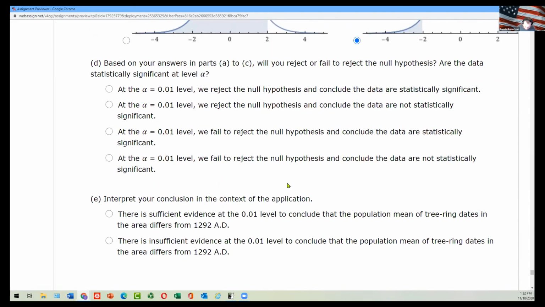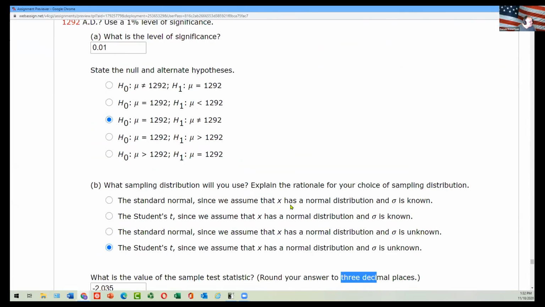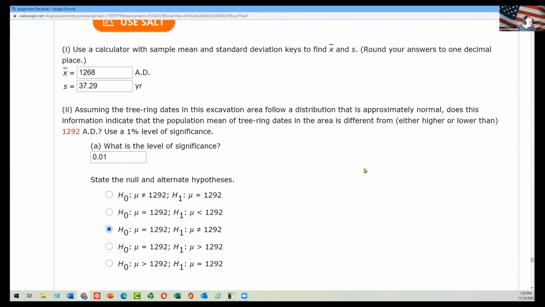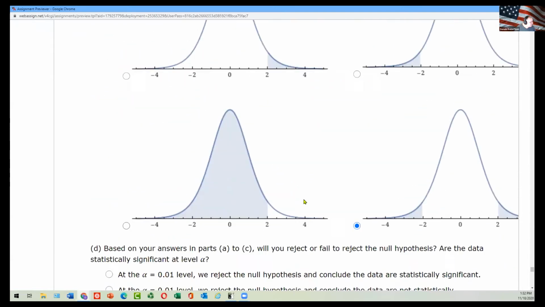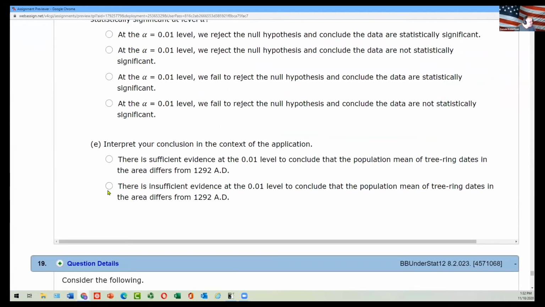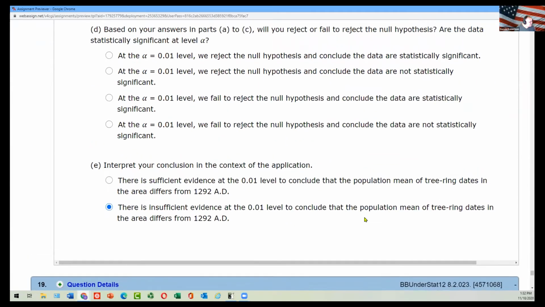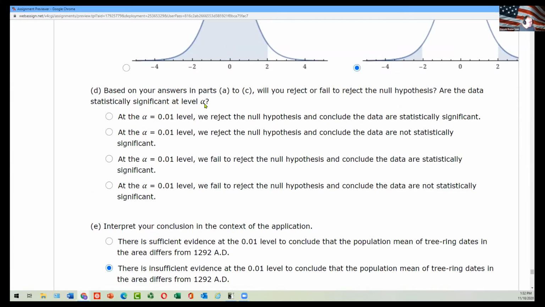Is 0.07 less than the significance level being used, which is this one? And the answer is no. And when it's no, then insufficient evidence, right? And let's do it for one last time. Which one of these 4 is the one that you pick when it's a no? 1, 2, 3, or 4.